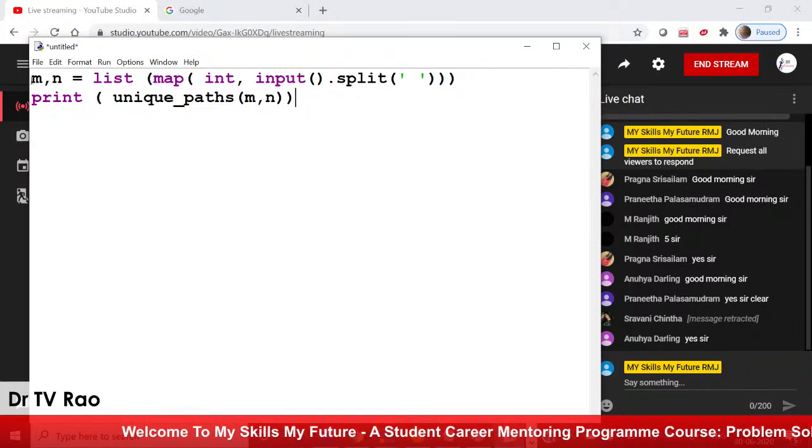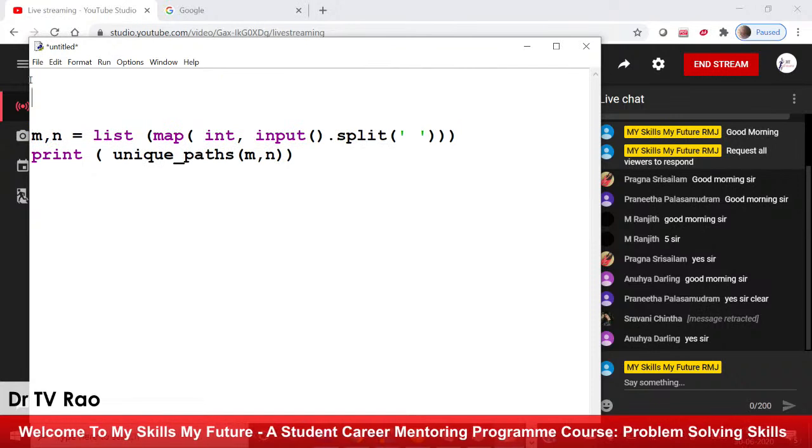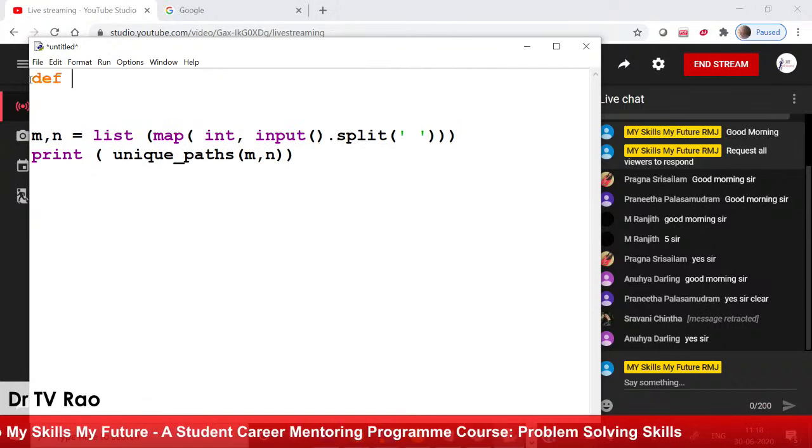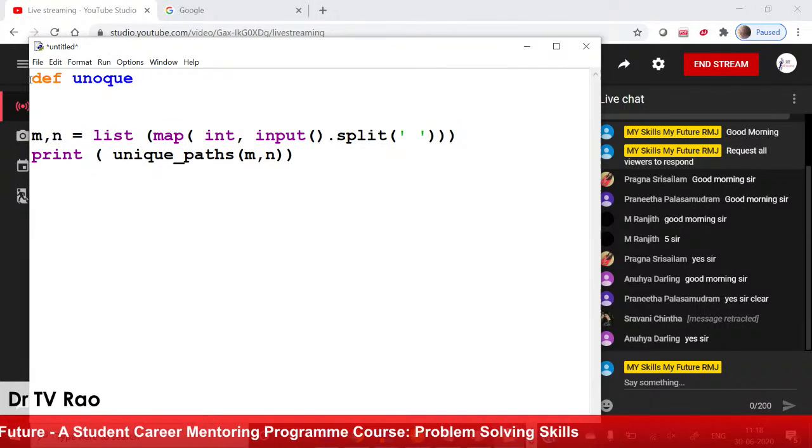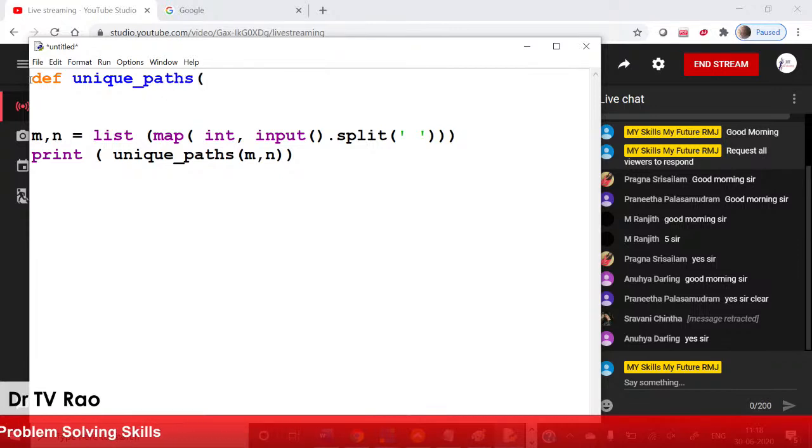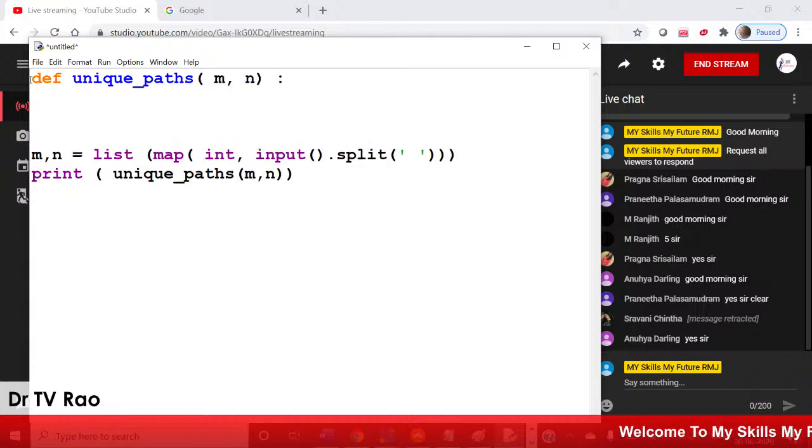Fine. Now, write the function. Define unique paths. Inputs are number of rows and number of columns. Okay.